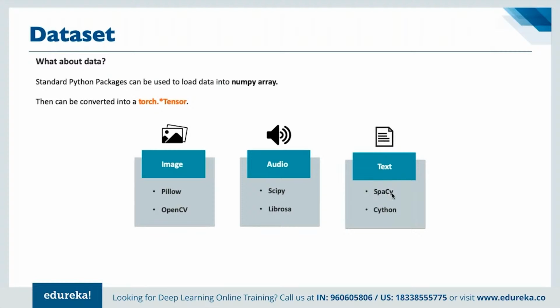For text data, we have spaCy and Cython. These are different libraries used for processing these different data sets, where for images the most popular is OpenCV, for audio we have SciPy, and for text we have spaCy as well. These are the most popular libraries for processing data in these different formats: images, audio clips, and text components.